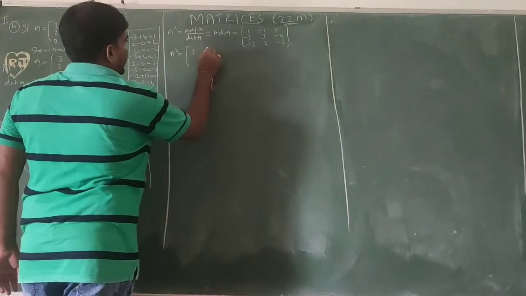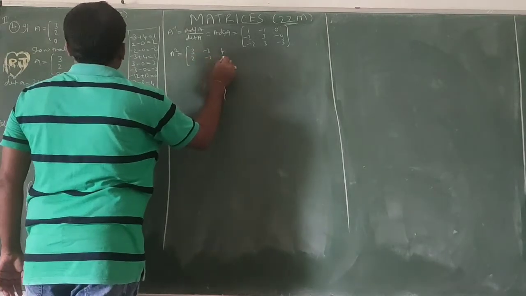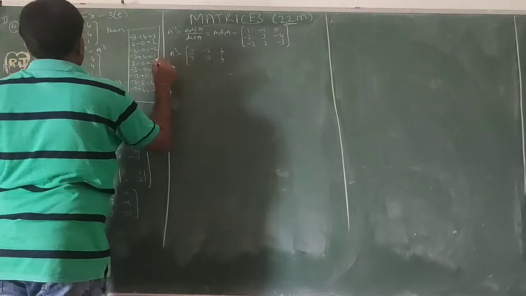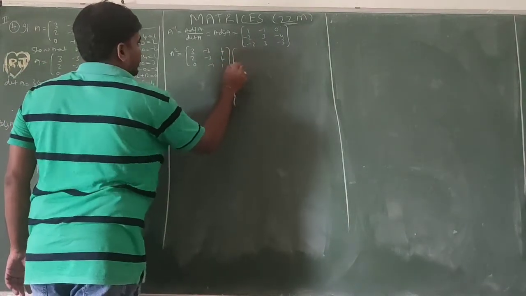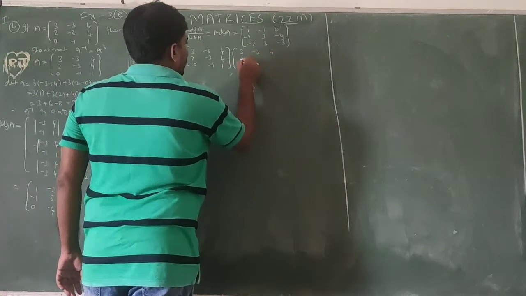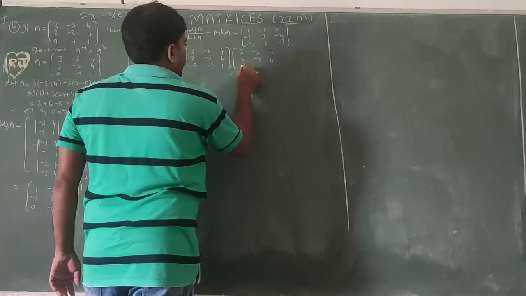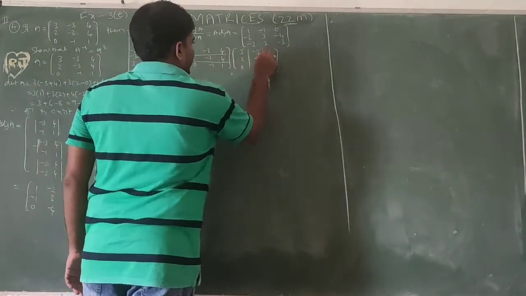A square is [3 -3 4; 2 -3 4; 0 -1 1] into again [3 -3 4; 2 -3 4; 0 -1 1]. Rows by columns.